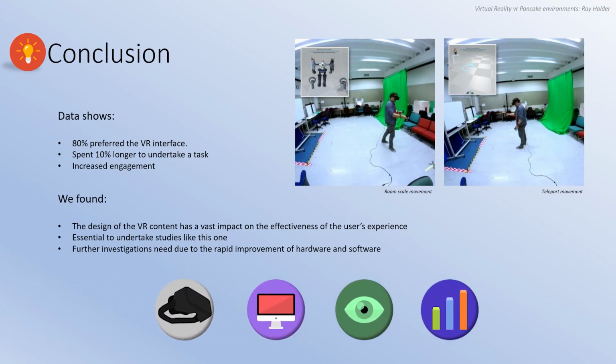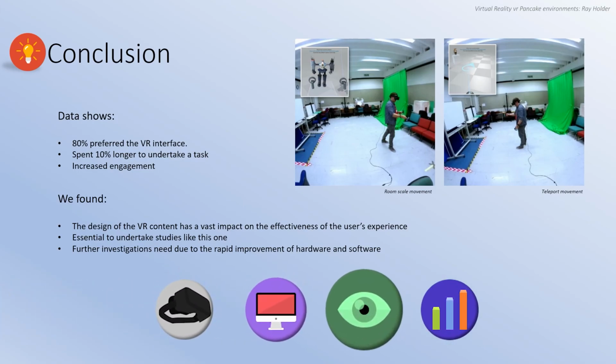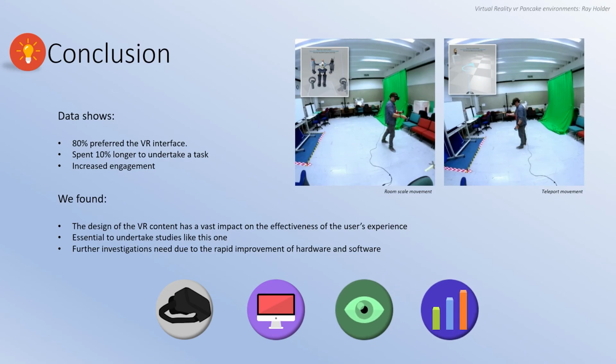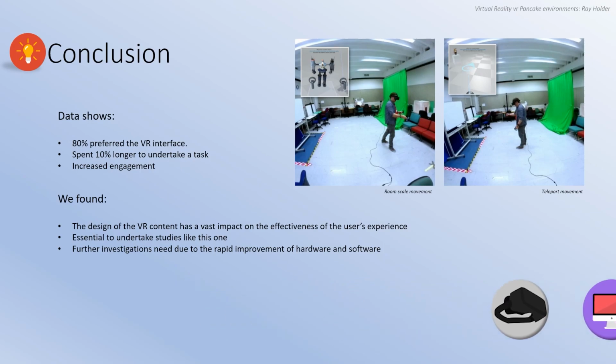The main objective of this study was to playtest, observe, and analyze how the interaction interface influenced the user. We have found it to be essential in undertaking studies like this one to make any informed assertions on how to develop immersive platforms used in virtual reality. As hardware and software develop and improve, any such research will need to be updated to reflect these changes.